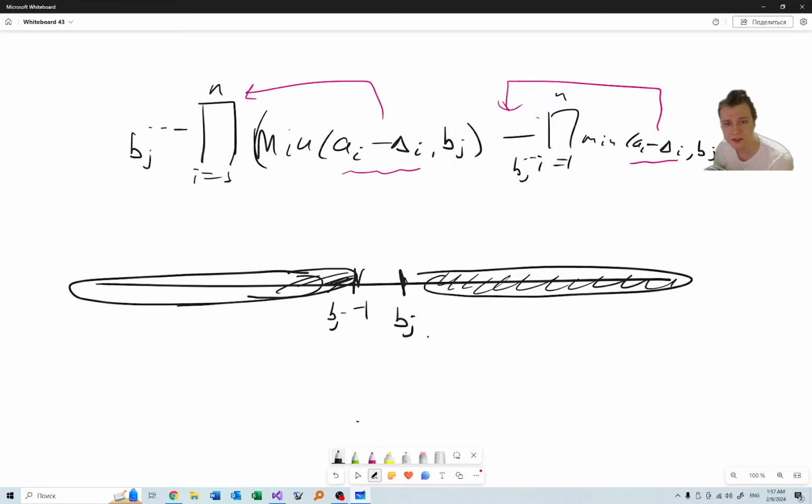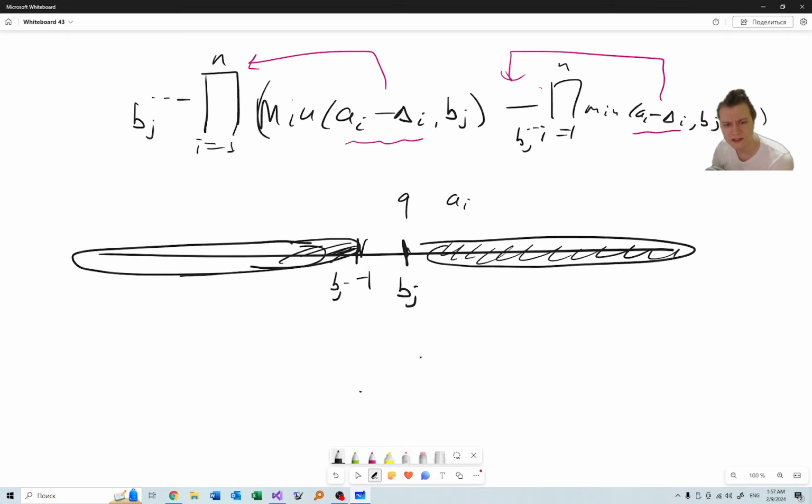So let's assume that there are q numbers AIs which are equal to bj. Let's write it like this. I have A numbers here, B numbers here, and C numbers here. This is the easiest thing. All these numbers are simply removed. I forget about them.